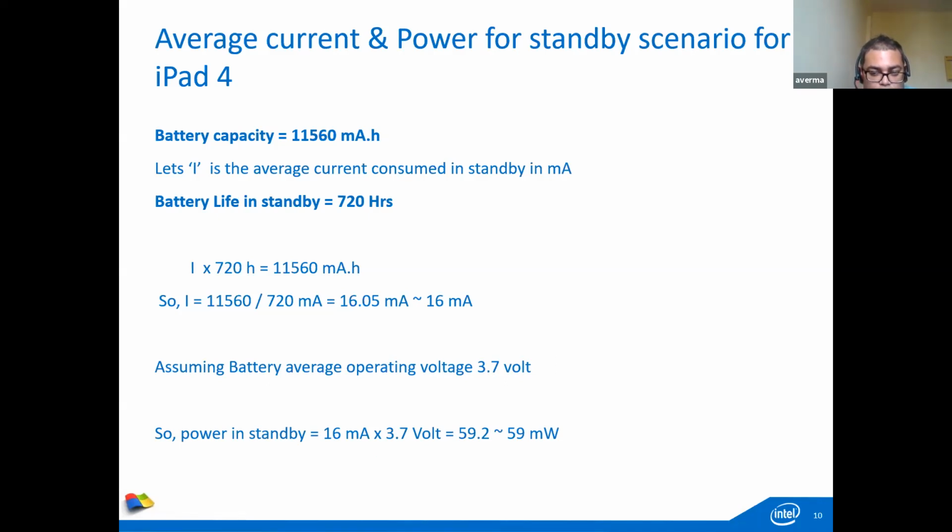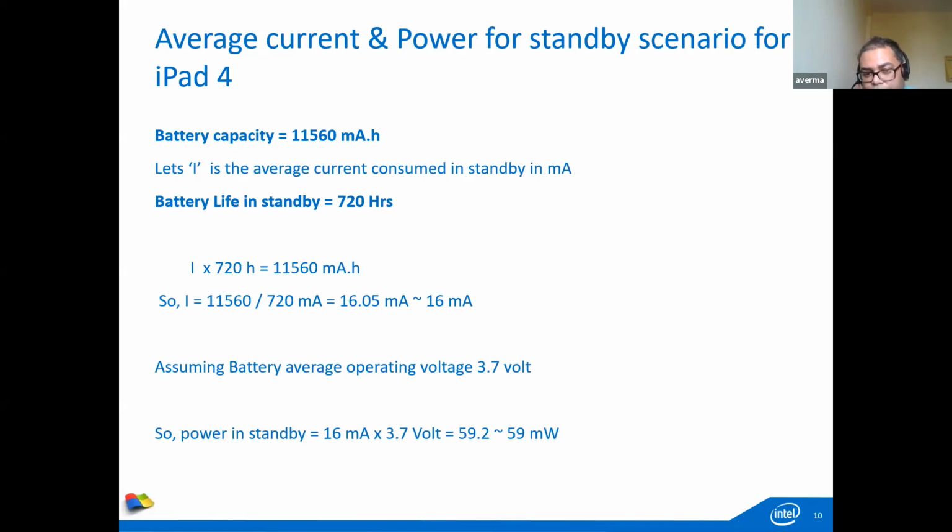That means all of the components which we talked about, whether it's display or the application processor or memory or power delivery or connectivity, should add up, and it should not consume more than 59 milliwatt, or more than 16 milliamps. So that becomes your target for that product, and you need to deliver it through the platform power performance optimizations. So that's why we need these kind of calculations.